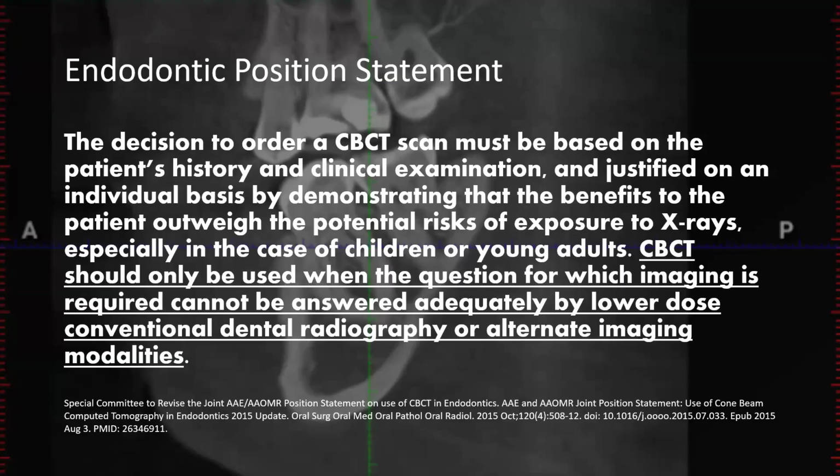Whenever there are any additional factors, even if it's just strange anatomy, you see really curved roots, or you're not sure how many roots are in a molar, rather than just a straightforward case, then they do recommend 3D imaging. So anything where the required information is not answered adequately by lower dose conventional radiography. That was the recommendation, updated in 2015.